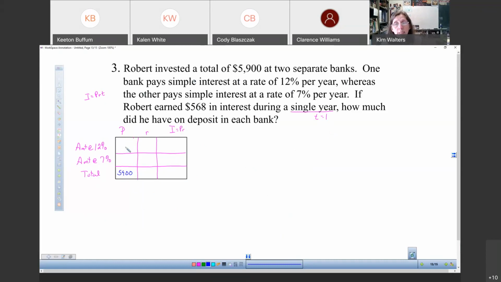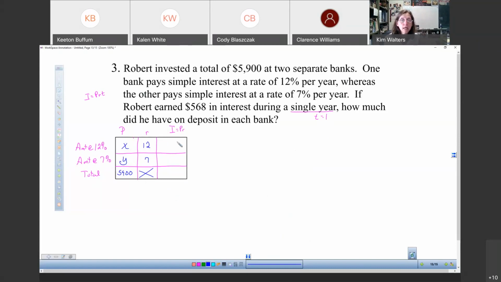So here I'm going to let X be the amount at 12% and Y is the amount at 7%. Okay, nice. It's in the box, and so I didn't have to write that down separately. You can, but I didn't because it's in the box. So X is in the box with 12%, Y is in the box with 7%. My percents, this is an interest rate of 12% and 7%. There is no total interest rate.